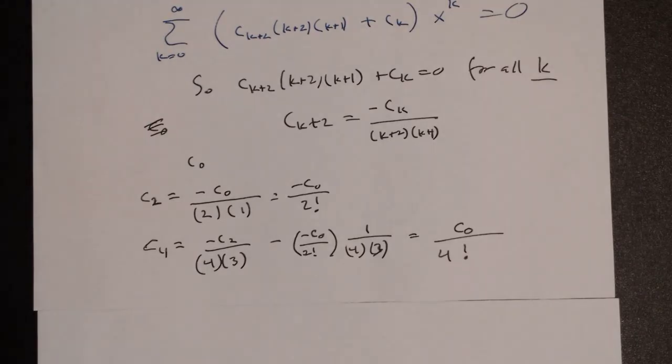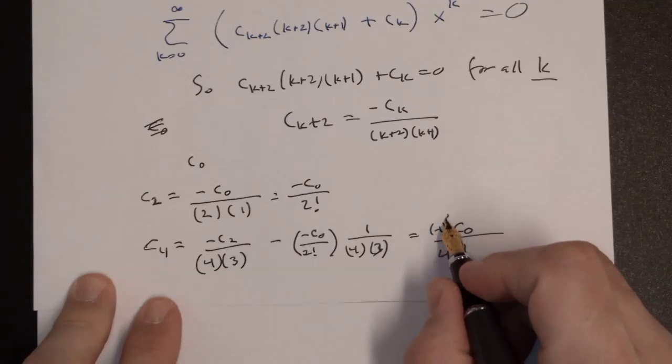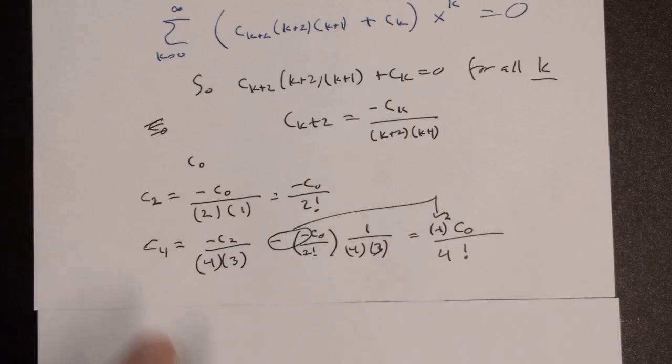It went from negative to being positive. It's (-1) squared, right? There are 2 minus signs there. I promise there's a reason I'm writing it that way.